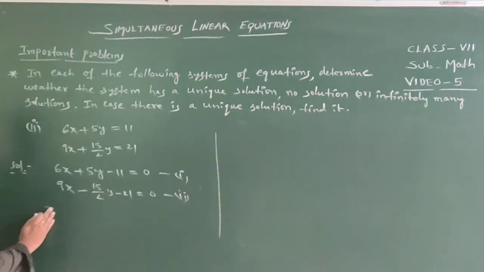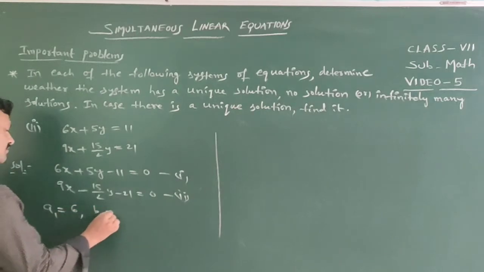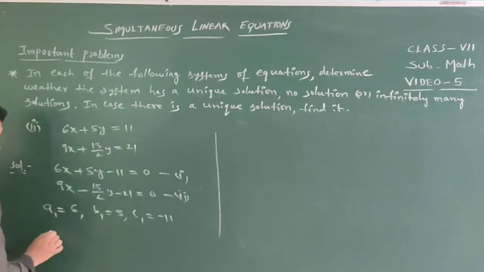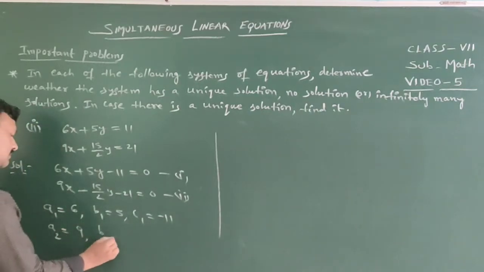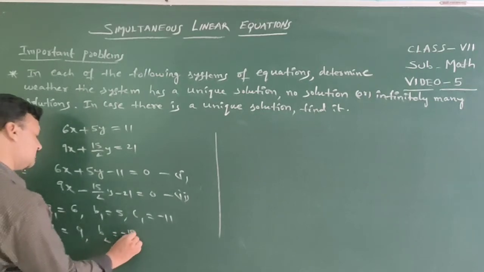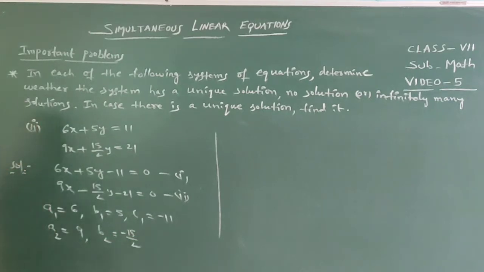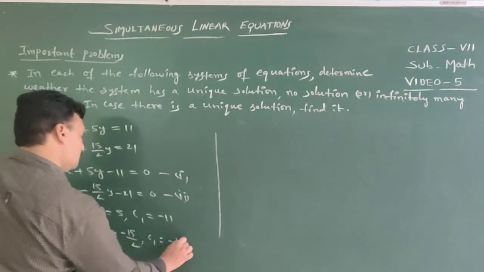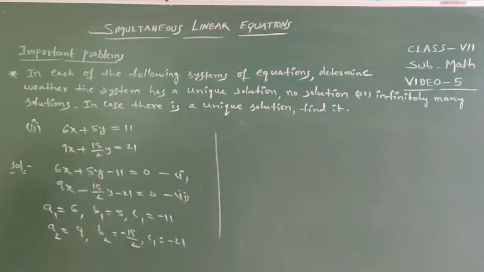Here a1 equal to 6, b1 equal to 5, c1 equal to minus 11, a2 equal to 9, b2 equal to 15 by 2, c2 equal to minus 21.